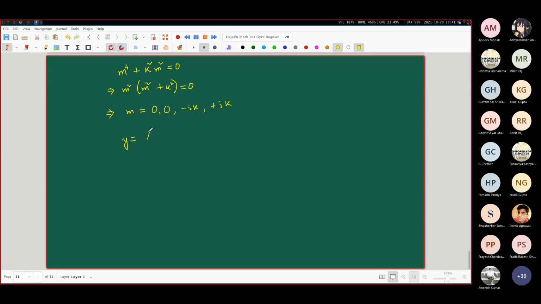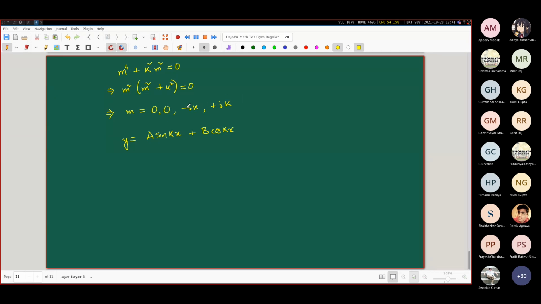So I'm going to write it like this. This ik and minus ik and plus ik will contribute to this sin kx and this cos kx. We have gone through this part earlier. But for this repeated root, what is going to happen?